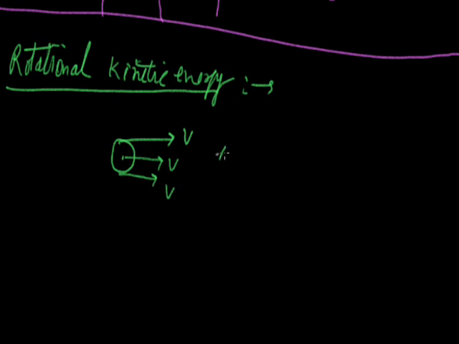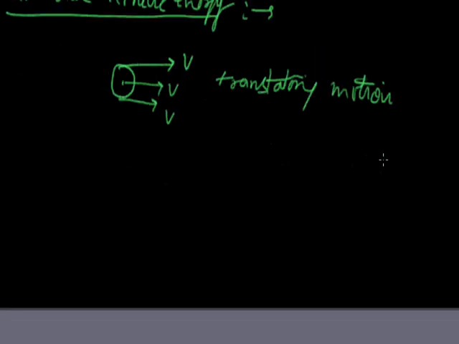This is translatory motion. Now this is rotatory. In rotatory motion, the velocity of the uppermost point will be v and of the lowermost point will be v, but in opposite direction, rotating about this axis.